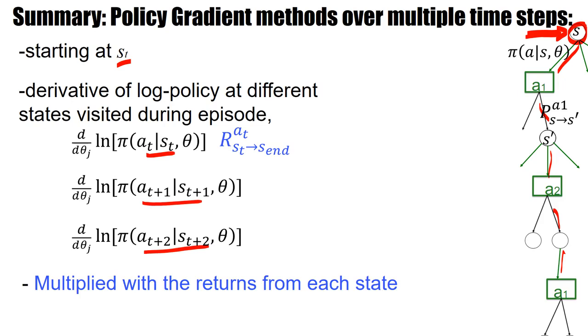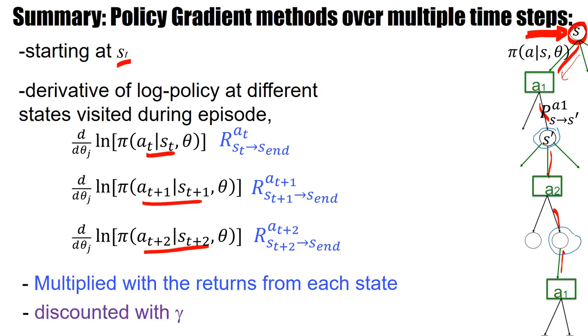So here it's the total return you get starting here, and then you have another return starting here, another return starting here, and so forth. And then, of course, everything is discounted, so this gets a gamma squared, and this gets a gamma. So these log policy terms that you see in algorithms are a natural consequence of policy gradient methods over multiple time steps.